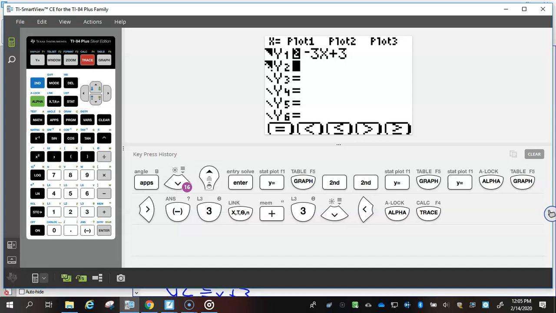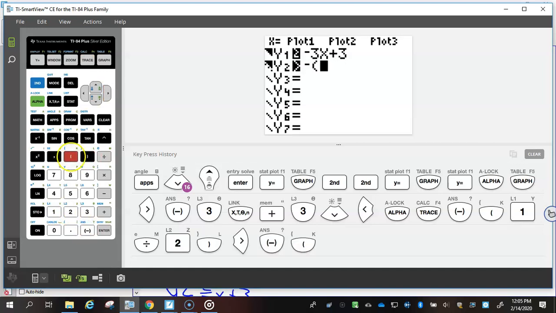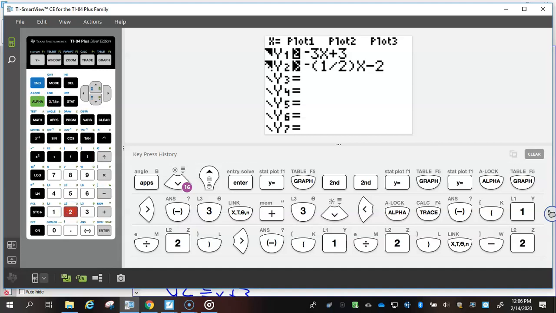One should be a dashed line shaded above. You can't put in fractions here, so you'll have to use parentheses. And then once you have both of those in, you can graph it.